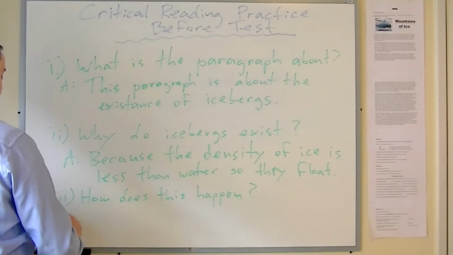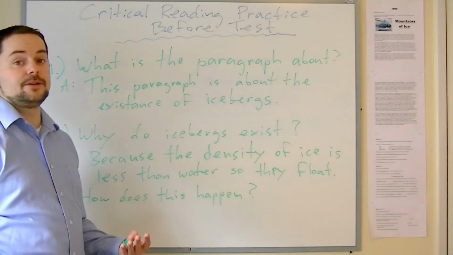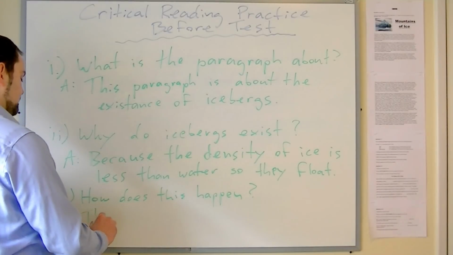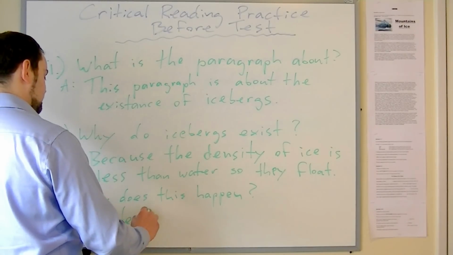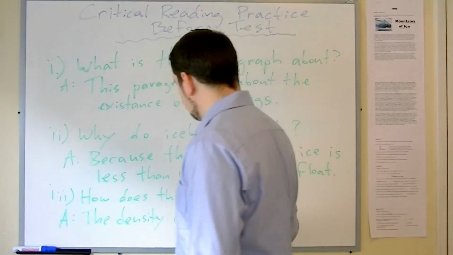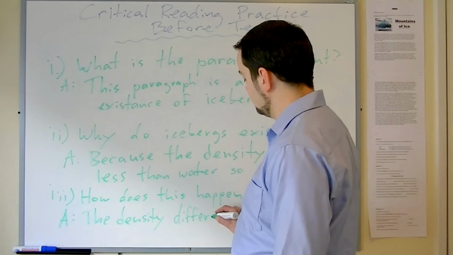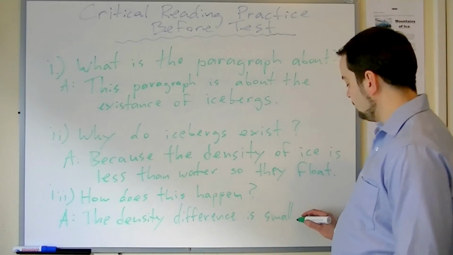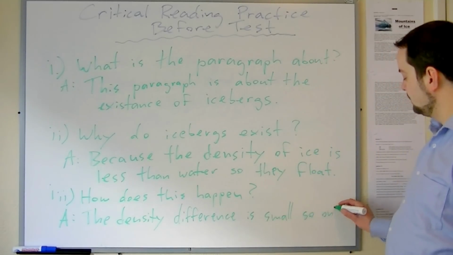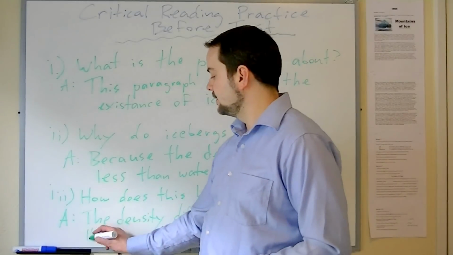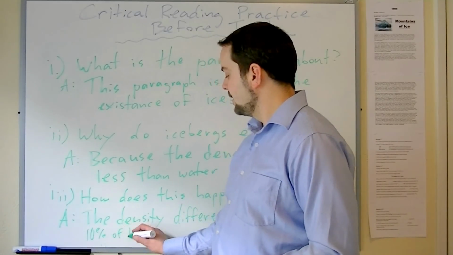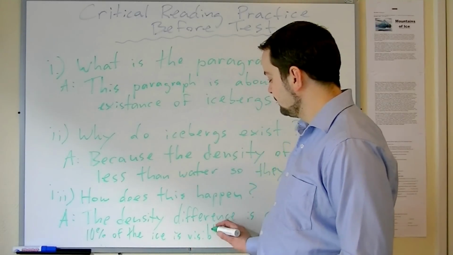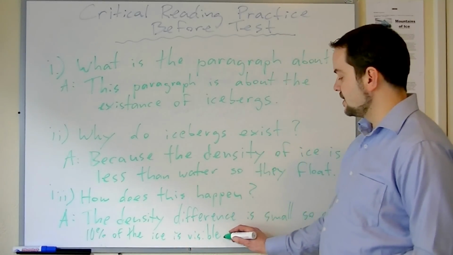And then the answer here, coming from near the end of the body paragraph, the density difference is small, so only 10% of the ice is visible, and this is dangerous.